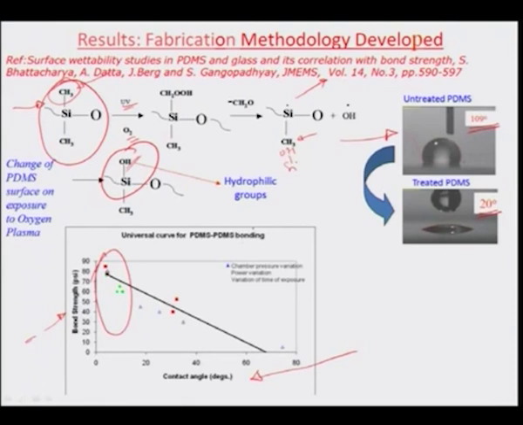And these bonds are because of the formation of SiOH, and when two such surfaces form SiOH together, there is a polycondensation reaction, H2O goes out and you are left with SiOSi linkages, which is actually an irreversible bond in this case.